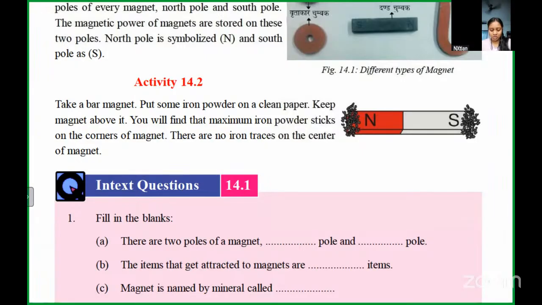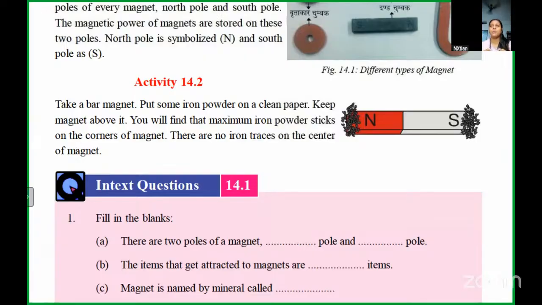The iron powder sticks more at the corners because the magnetic power is more at the corners of the magnet.